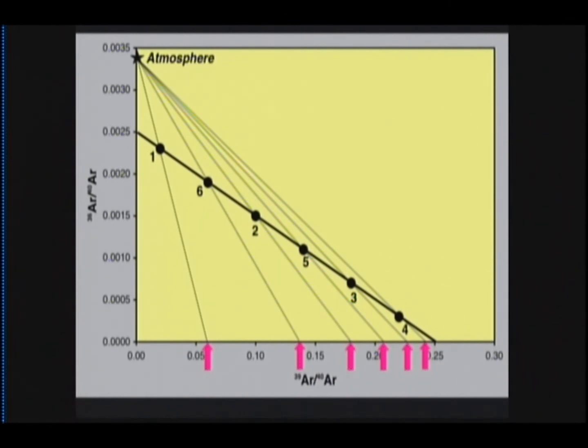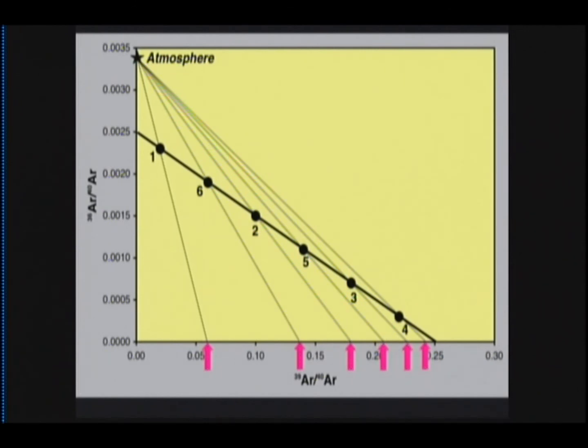And to show the relationship between the age spectrum and the inverse isochron, the ages in the age spectrum, again, are model ages. Those are based on making an atmospheric correction. So they are what you get if you take the atmospheric ratio on this inverse isochron axis and project it through each measurement point down to this axis.